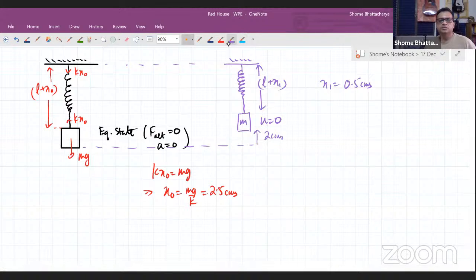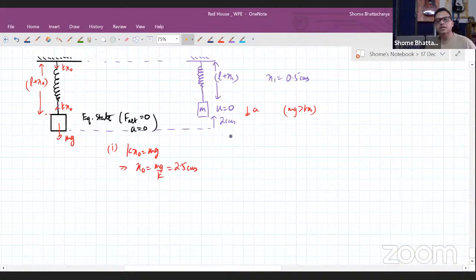Okay. So naturally, the moment I release it, it will have a downward acceleration because now mg will be greater than kx1. So it accelerates downwards. So this is what happens. So anyway, the answer to the first part of the question was this. Now we are coming to the second and third part.